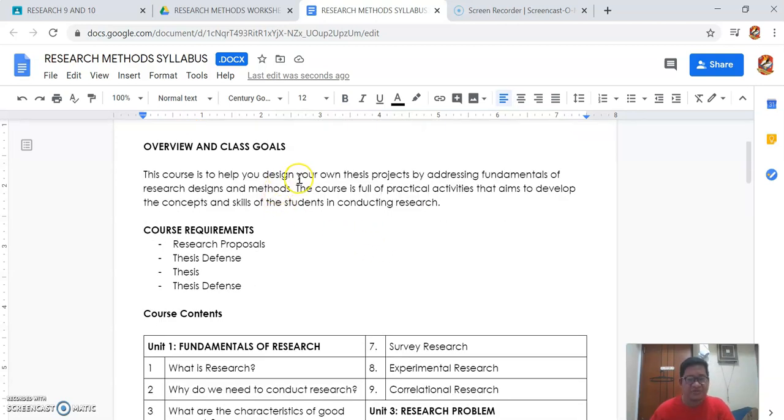This course is to help you design your own thesis projects by addressing fundamentals of research designs and methods. The course is full of practical activities that aims to develop the concept and skills of the students in conducting research. So basically, we're going to learn the fundamentals or the basic of research design and method.